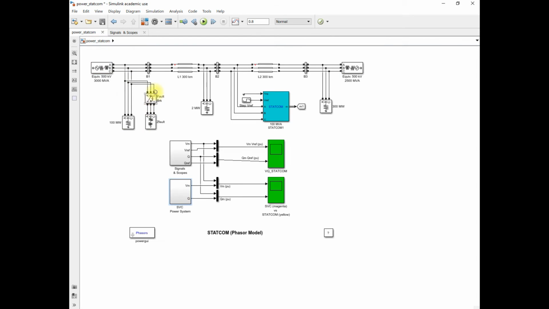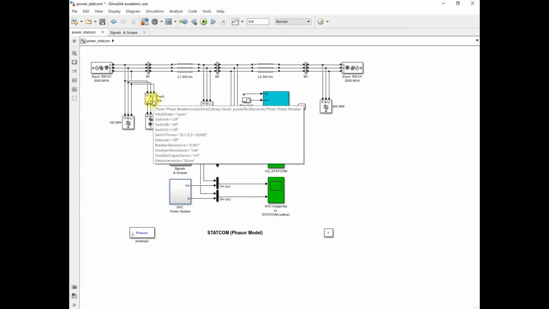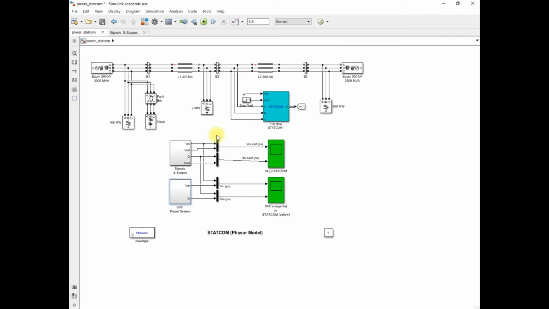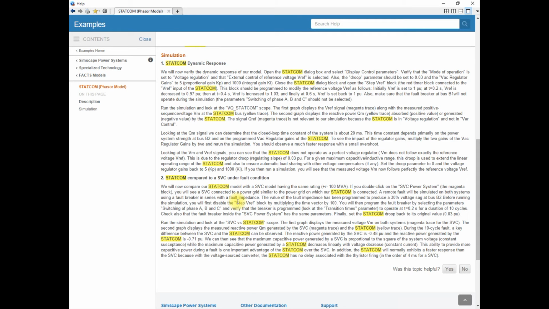In the same way here in the STATCOM, at bus P1 we have provided the fault breaker which creates the faults, and find out how the STATCOM responds to this fault condition. So let's read the description of this condition.